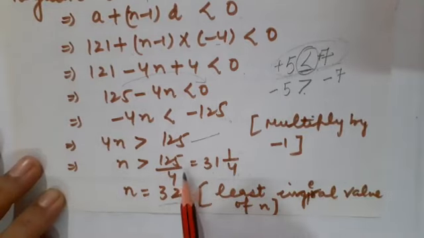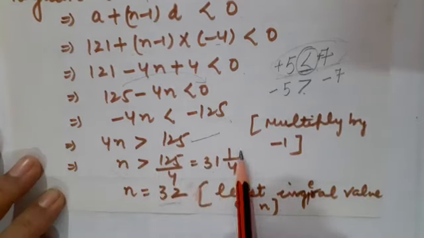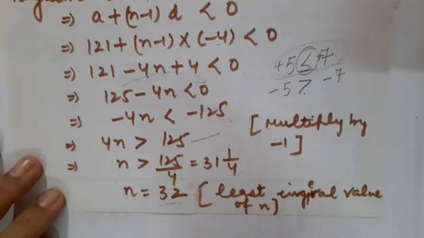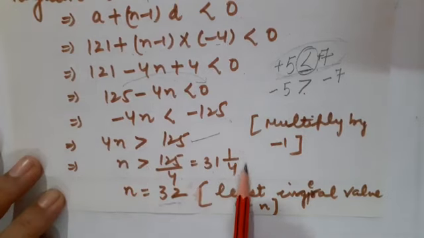Because we cannot write n like this, that n is greater than 31.25 or 31 whole 1 upon 4. Basically, we will have to just tell the value of n in positive integer form. Correct? So what would be n here? N is equal to 32, because n is greater than 31 whole 1 upon 4.